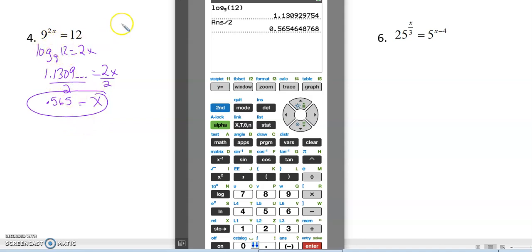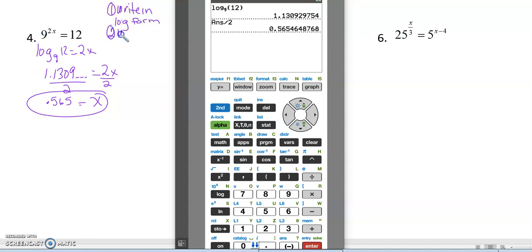So let's just see. We wrote, number 1, we wrote it in log form, sorry, in log form.